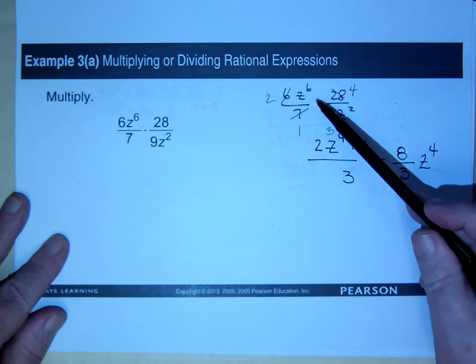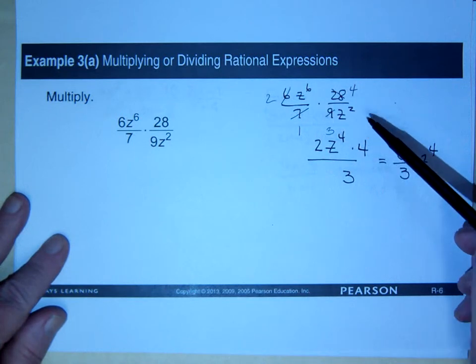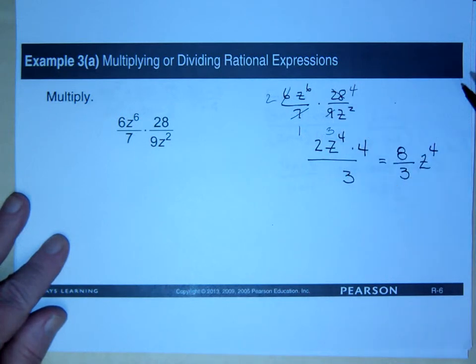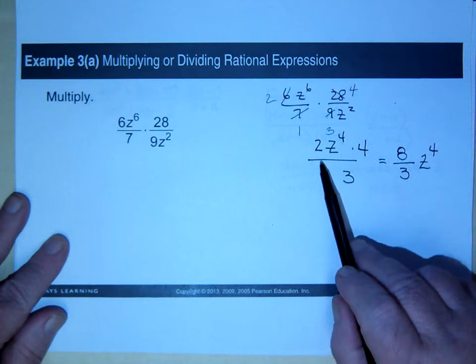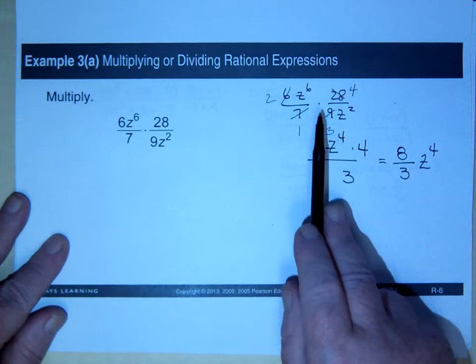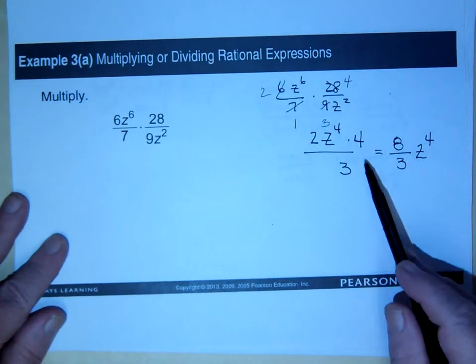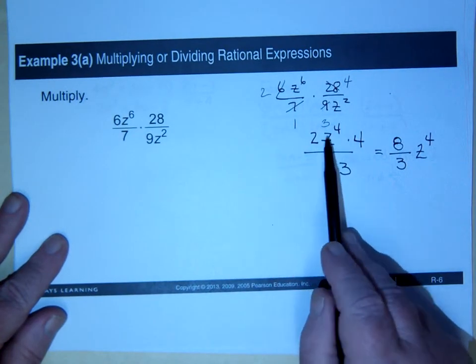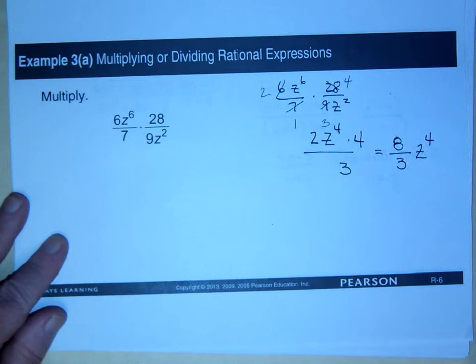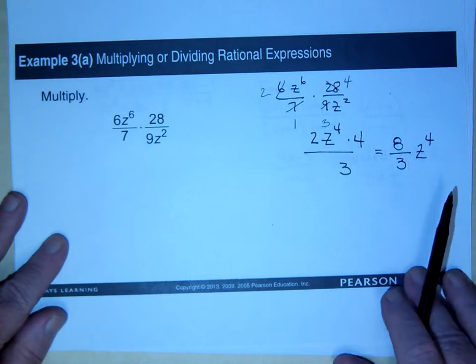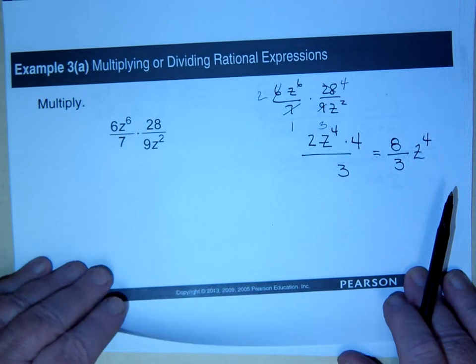And then I have z to the 6 over z squared. That's going to be a net of z to the 4th. So what I'm going to have then is 2z to the 4th after I cancel that, times 4, and the only thing that's left in the bottom then is the 3, so it's 8z to the 4th over 3.